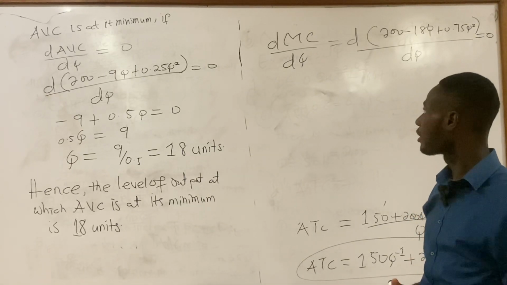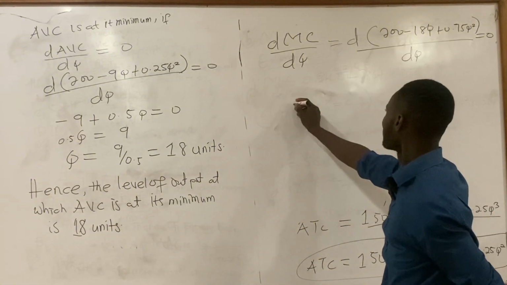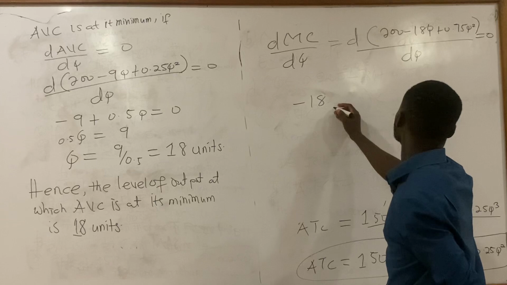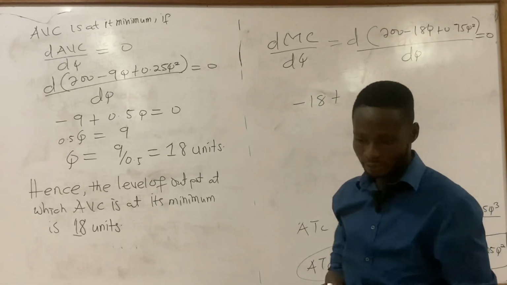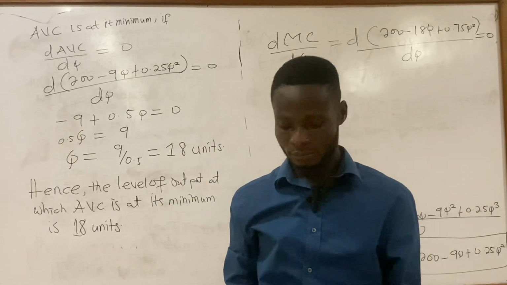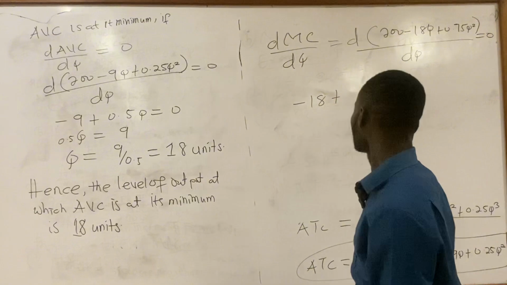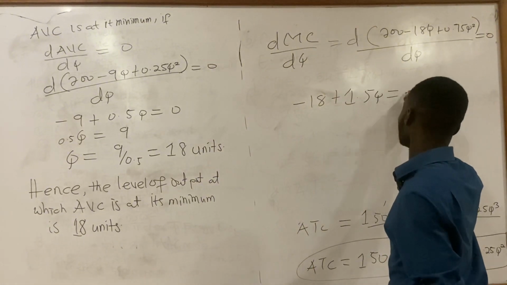All right, so we say differentiate this, we get minus 18 plus 1.5q should be equal to 0.